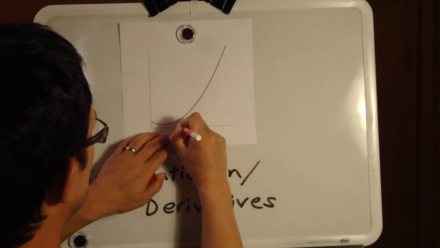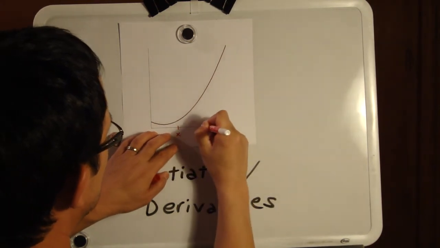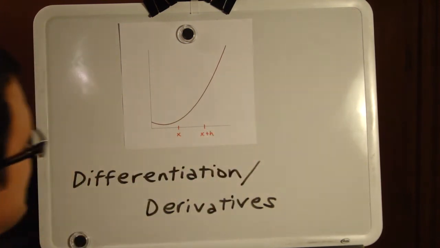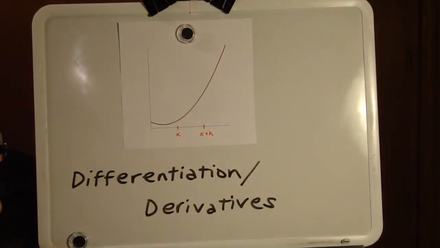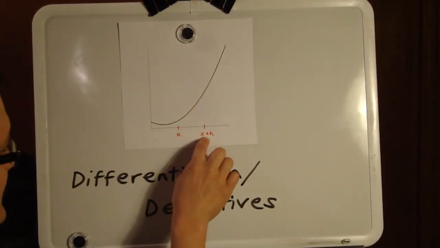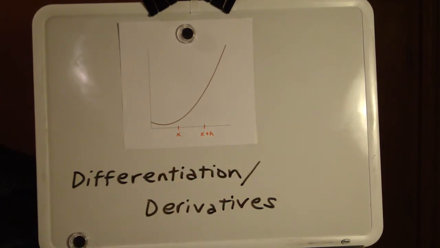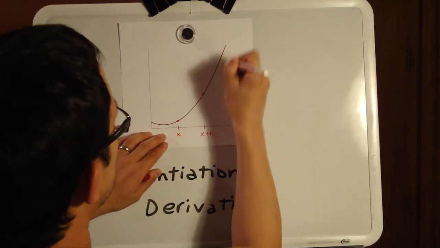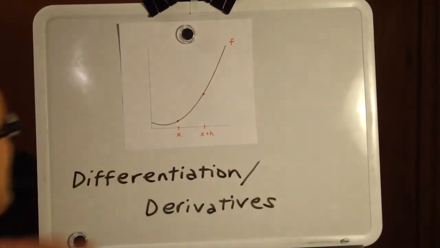So this is going to look very, very similar. I'm going to identify a couple of points on this graph. One of them is x, and then we move to the right. So this is x plus a little bit, x plus h. And I'm going to identify both of the points right on the graph. Perhaps we'll call this graph f.